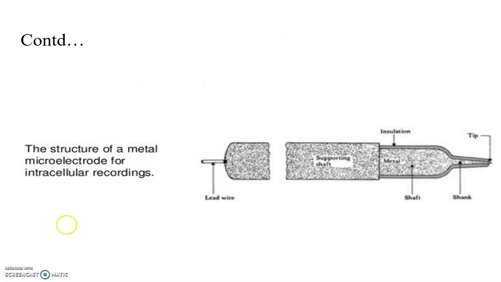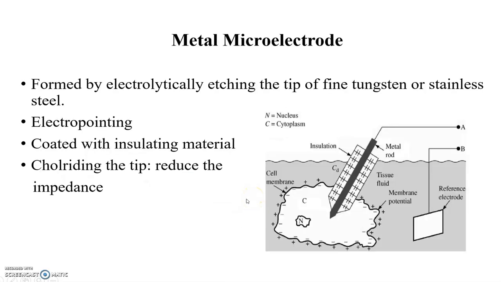This diagram represents the structure of a metal microelectrode for intracellular reading. This is one type of microelectrode, the metal microelectrode. Metal microelectrodes are formed by electrolytically etching the tip of tungsten or stainless steel.